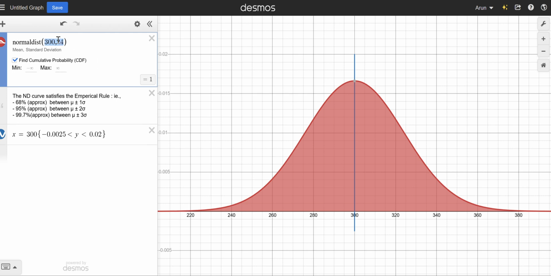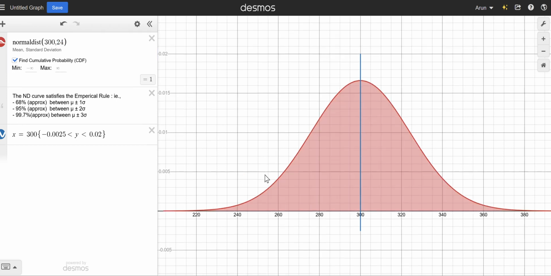By now you already know that when mu changes, the location of the curve on the x-axis shifts either to the left or the right. And if the standard deviation changes, the slenderness or the flatness of the curve is impacted. So we will see that visually.